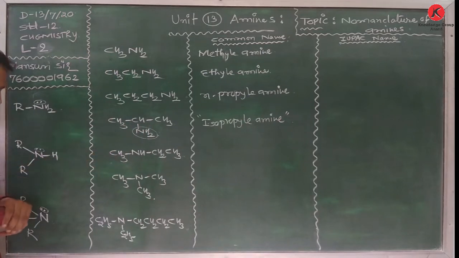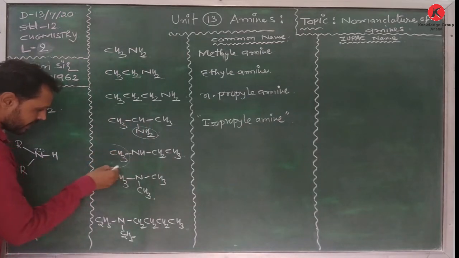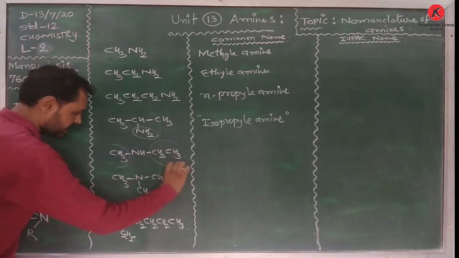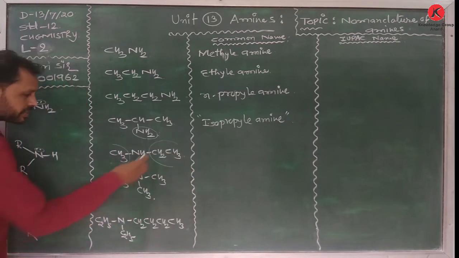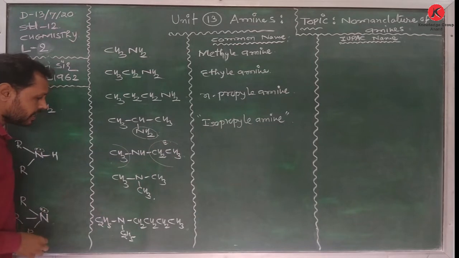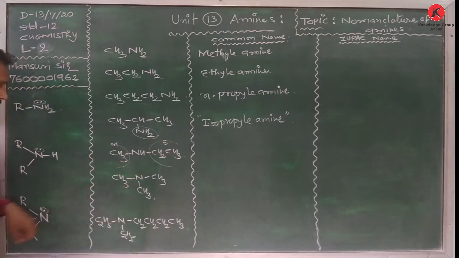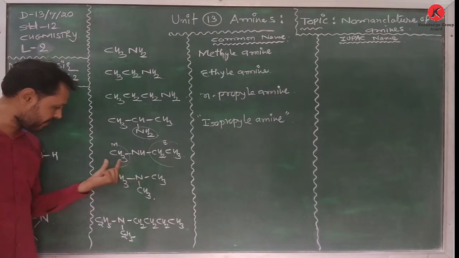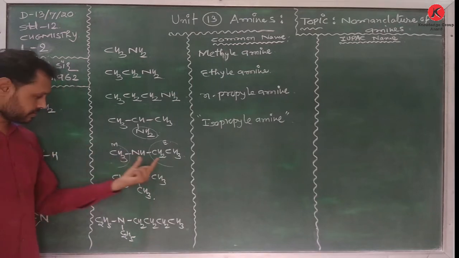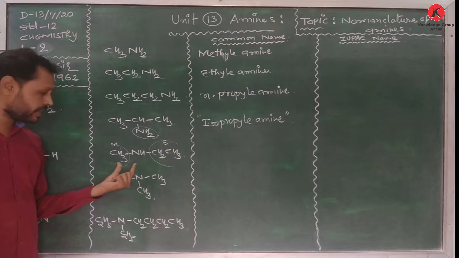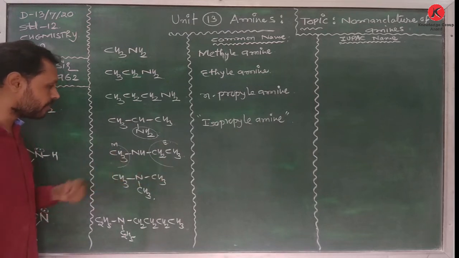Now here this is methyl, this is ethyl, but in alphabetical order ethyl comes first and methyl thereafter. That is why ethyl methyl amine. This compound has the name ethyl methyl amine.